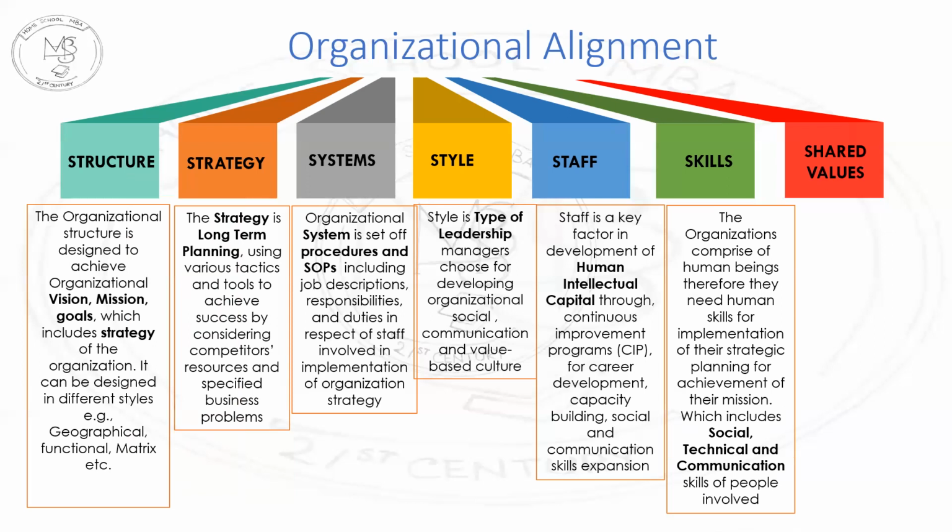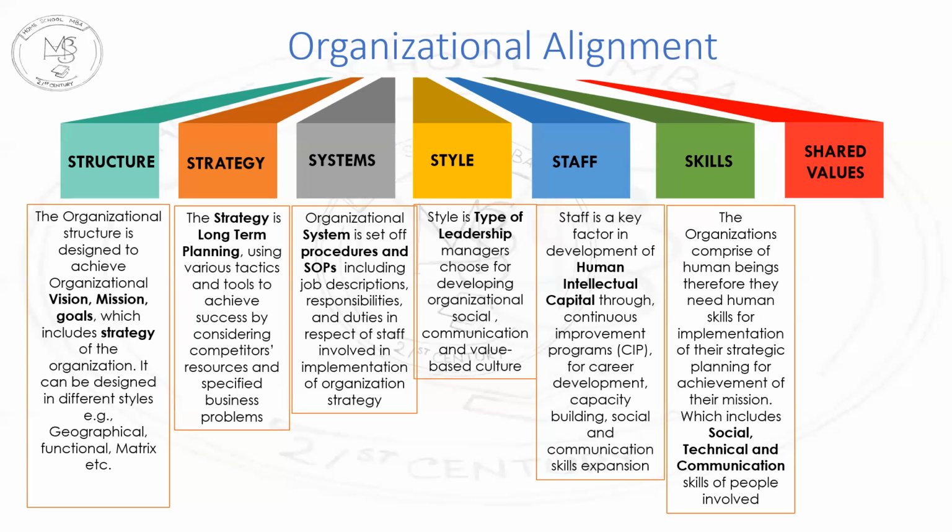So organizations are not the bricks of the company or the plant and machinery of the company or the computer hardware of the company or the computer software of the company. The organization is of people, and people skills need to be developed. And these people skills are like technical skills, communication skills, social skills.